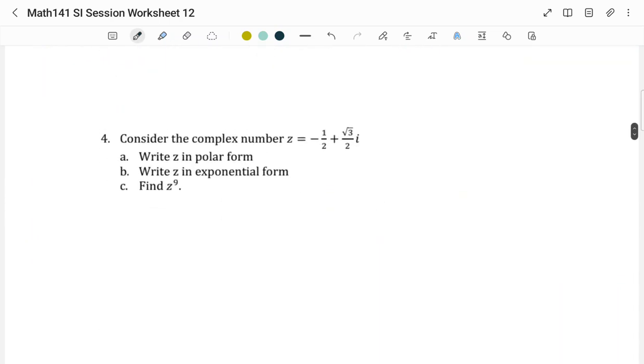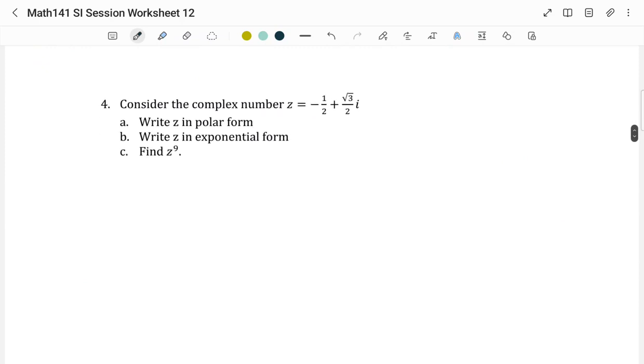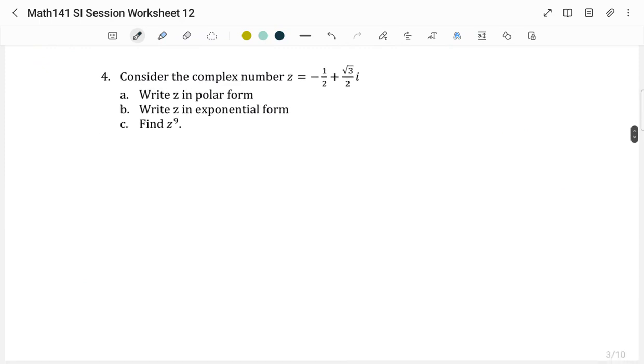Right, so moving on, the next question is asking us to consider the complex number that's given to us as negative half plus root 3 over 2i, and we are asked to write it in polar form, right?